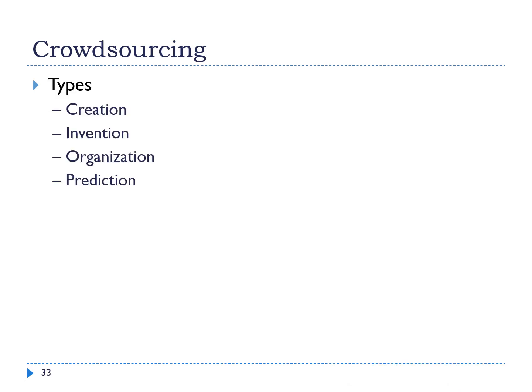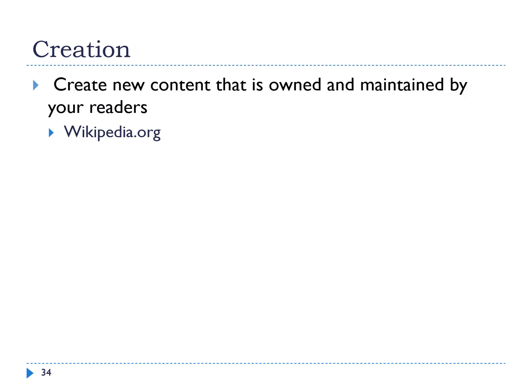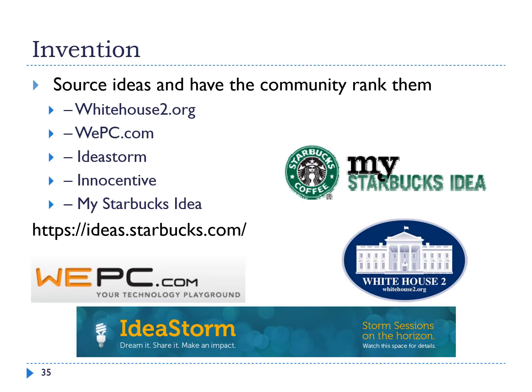There are 4 types of crowdsourcing: creation, invention, organization, and prediction. For creation, we can create new content that is owned and maintained by your readers. For example, Wikipedia. For invention, we can source new ideas for your company and have a committee run these ideas. Here I listed a few examples.